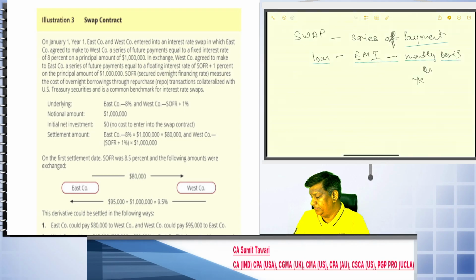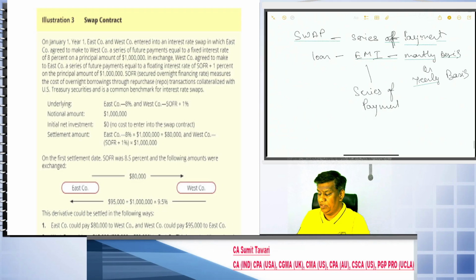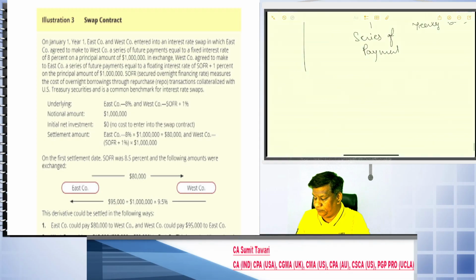So EMI is basically a series of payments. We enter into a swap transaction because of two reasons. One is the exchange rate, and the second is interest.